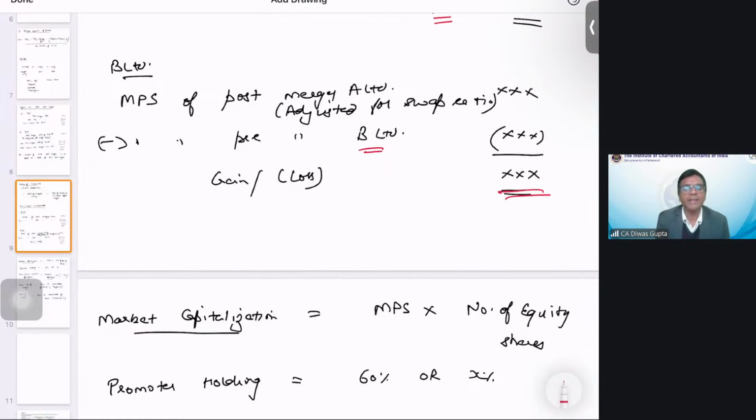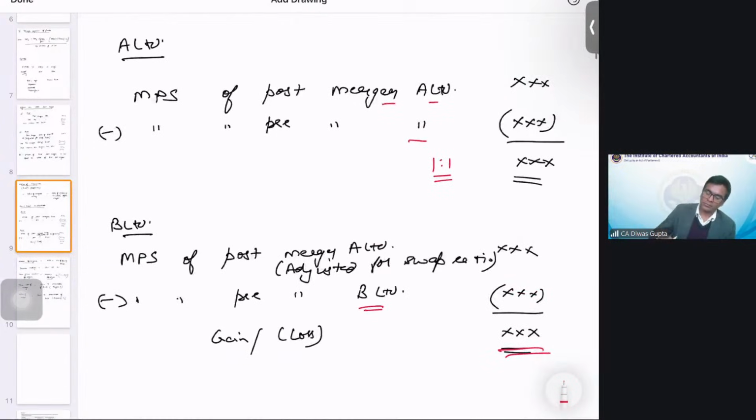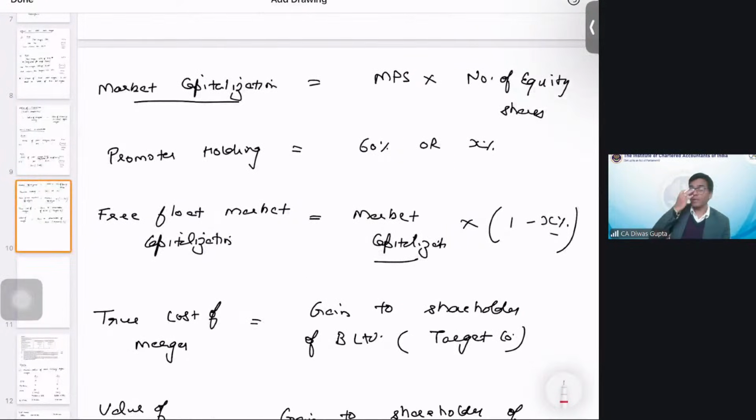Clear? So here also we are adjusting for the swap ratio. So this is for A Limited and B Limited. Again, the same logic applies for market price per share, which is what we use for gain or loss.